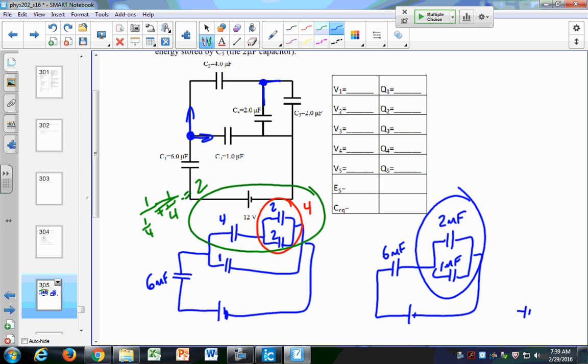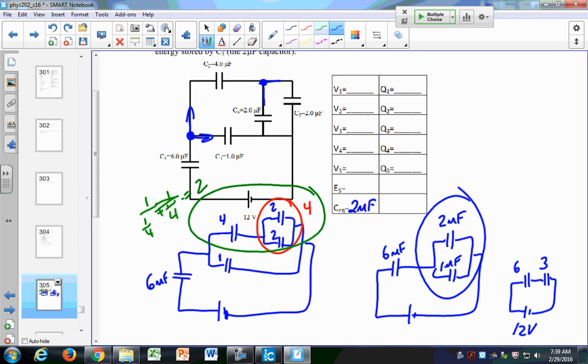So I'll combine those to give me a 6 and a 3. And then of course those two will combine to give me what? A 2, right. So 1 over 6 plus a third is equal to 2. So my equivalent capacitance here is 2 microfarads. I have 12 volts here.